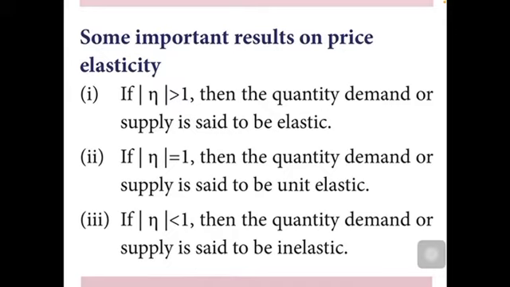After calculating elasticity, if eta is greater than 1, then we can say the demand or supply is elastic. If it is equal to 1, we call it unit elastic. If it is less than 1, the demand or supply is inelastic. Greater than 1, elastic. Less than 1, inelastic.